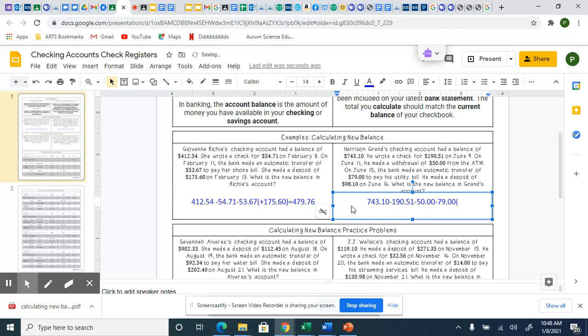Then he added 98.10. So again, this is just adding and subtracting.